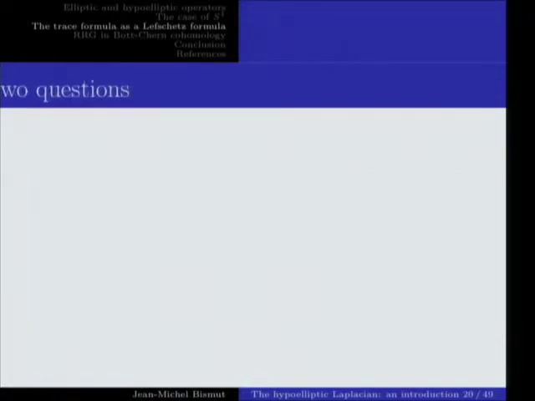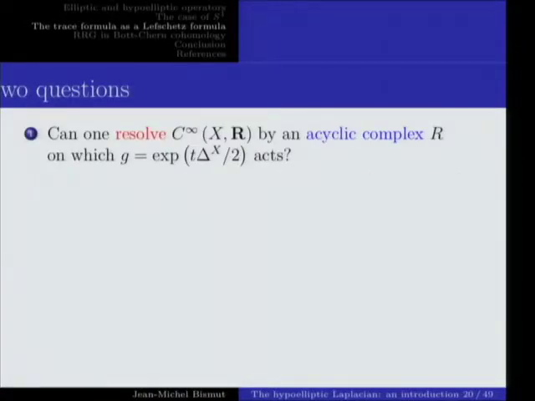So, two questions. First of all, is it true that we can view the space of smooth functions on a manifold as the cohomology of something natural? And the second thing is that we would like this group element to act not only on the smooth functions, but also on the full complex. Why is that?